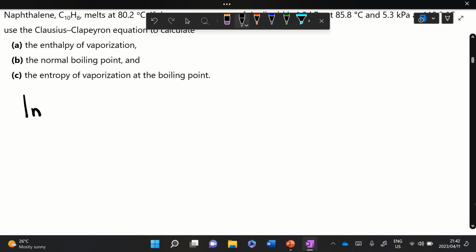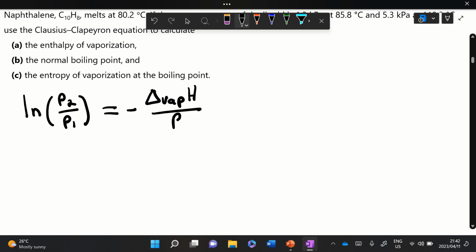So of course that's ln P2 over P1 equals minus the vaporization enthalpy over R, 1 over T2 minus 1 over T1.